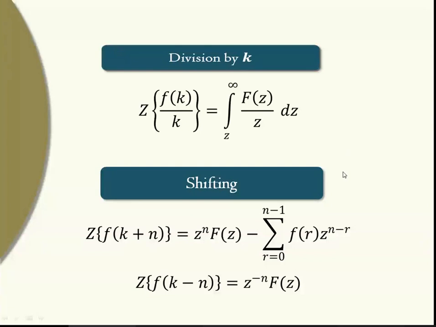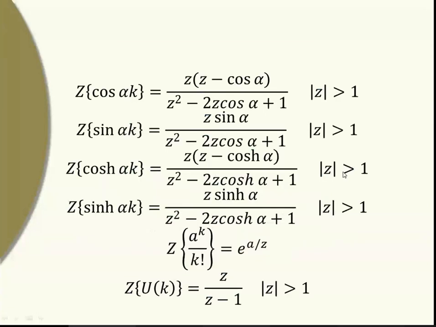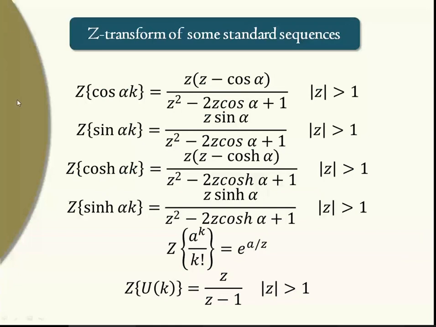Now, there are Z transforms of some standard functions, standard sequences. So what are those formulas? These are the 6 standard formulas we have in Z transform. You have to remember all these formulas.